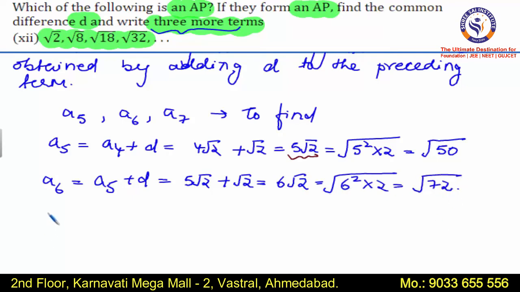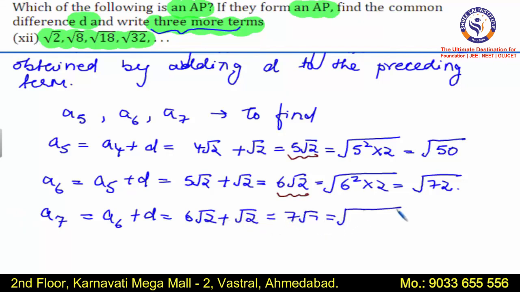Now let us find out the 7th term. It is given by the sum of the 6th term and the common difference. The 6th term is 6 root 2, so we have 6 root 2 plus root 2, and this is equal to 7 root 2. This can be written as square root of 7 square into 2, that is 49 into 2, which is equal to square root of 98.